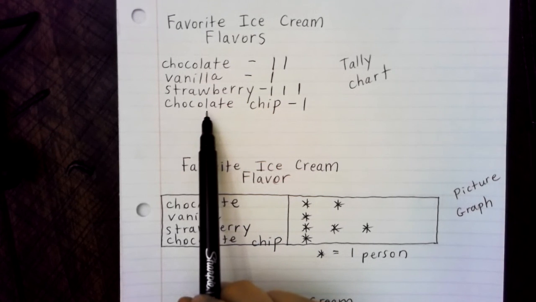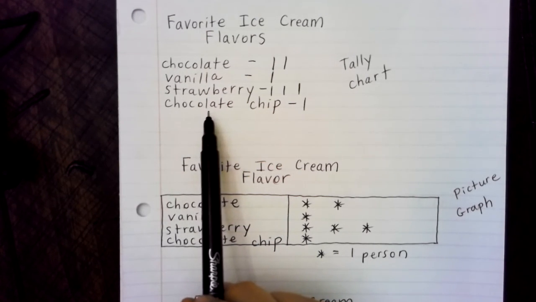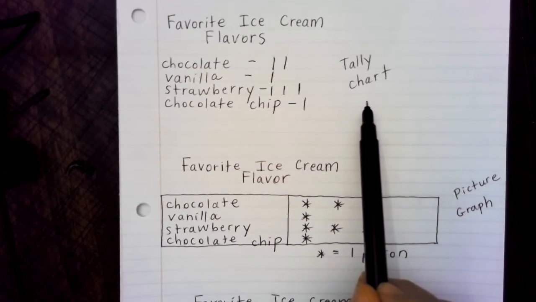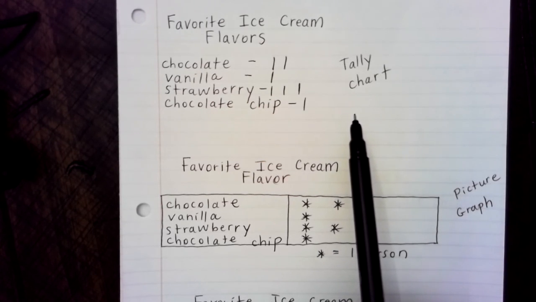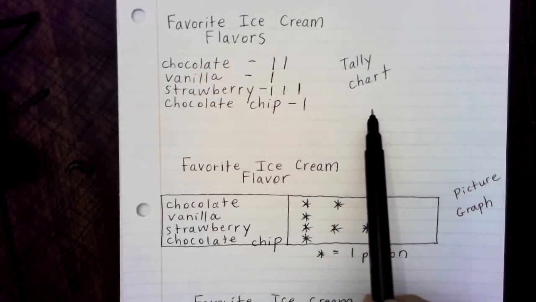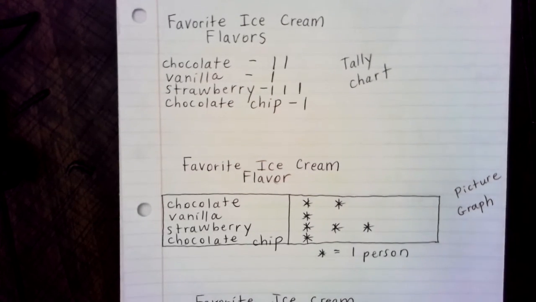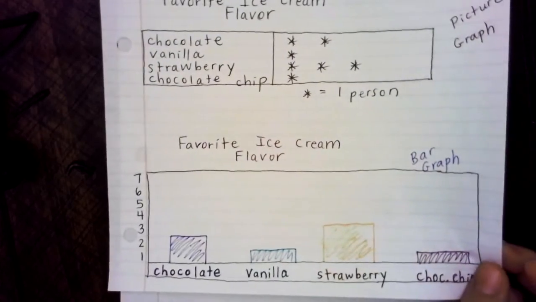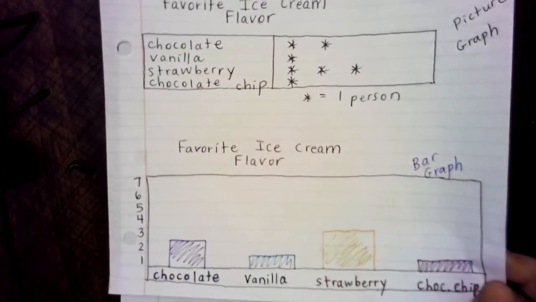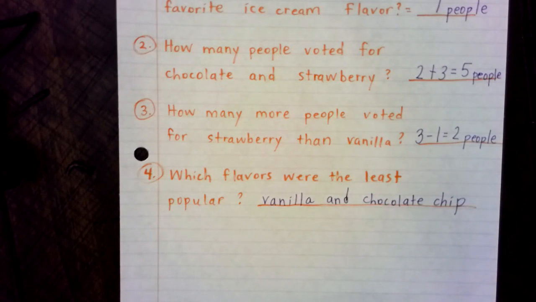So maybe give them 4 choices to choose from. And you can tally their answers. And if those family members aren't in your house, you could call them on the phone and ask them. And then you could create that picture graph with your information, the bar graph with your information, and then you could even answer some questions about your graph.